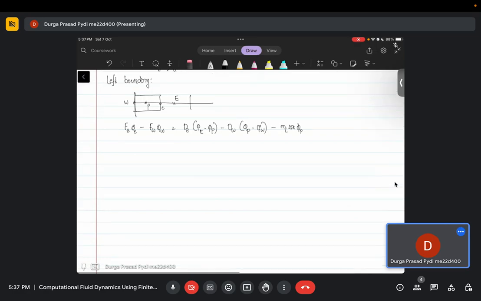So when I am at the left boundary, we have phi equals phi 1 for this particular case. So out of these terms, phi east again is an unknown, but phi west we know the value of it. We know it as phi 1. So this can be written directly, and then this particular term phi west is something that we do not have here. There is no west cell for the left boundary.